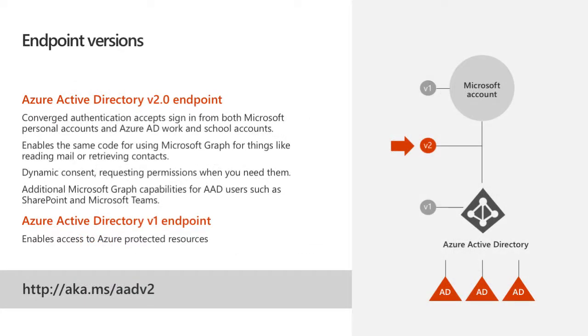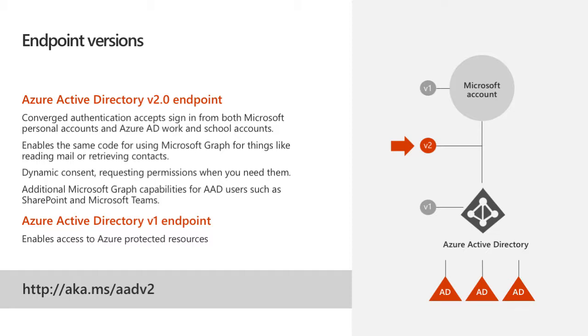Now, let's talk a little bit about the endpoint versions that are available to us. I already mentioned a little bit about the v1 endpoint, but let's talk more about the v2 endpoint here. The challenge with the v2 endpoint is that it does introduce some breaking changes to the protocols. This is why it's called a v2 endpoint, because the protocol is different and requires new client library implementations.